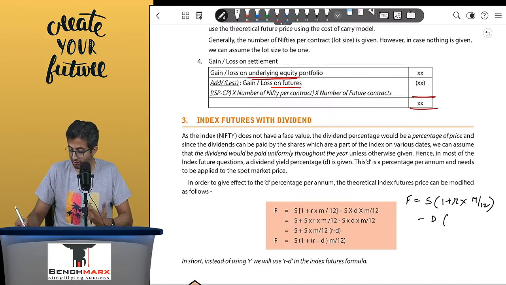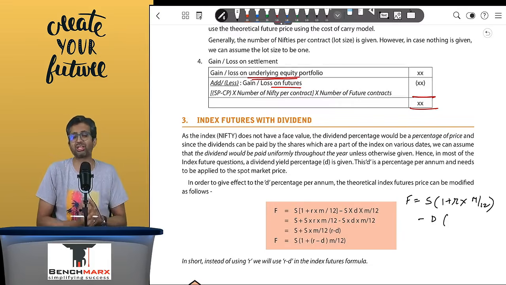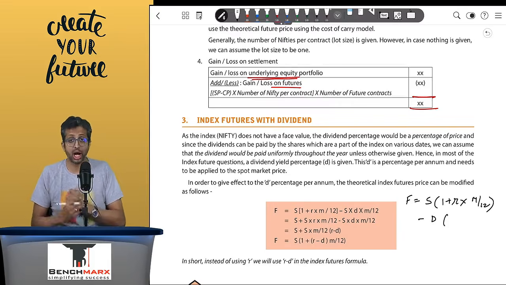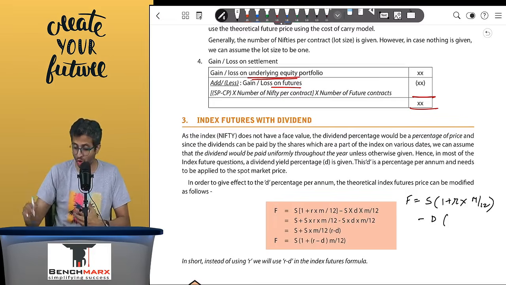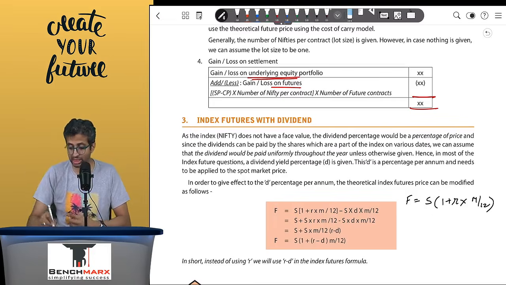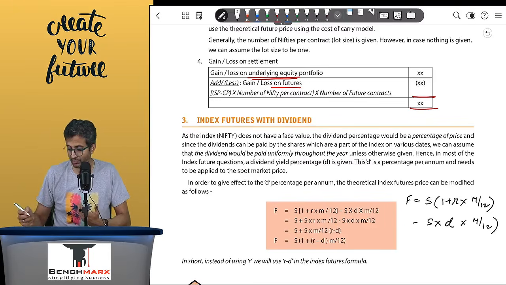However, when I say minus D, this D is not coming at a particular date. This D is also a percentage of the spot price, and it is arising over the period. So you'll say, okay, that is minus S into D into again the time period M by 12.